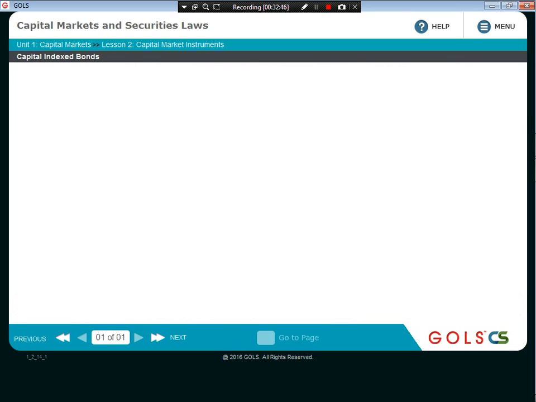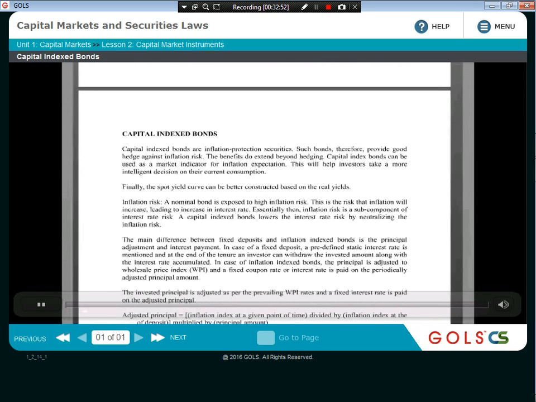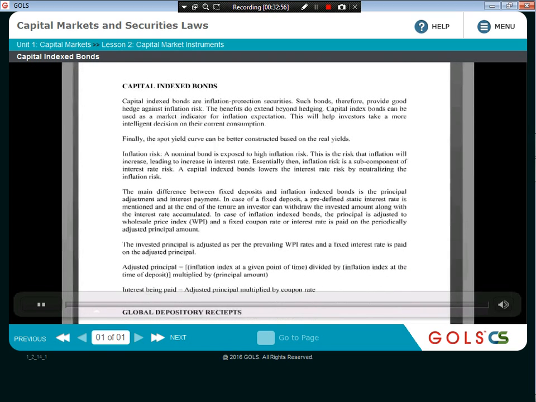Capital index bonds, again, this is asked a number of times. This is the bond which is basically issued to hedge against inflation. So what happens in a normal bond is, say it's a ₹1,000 debenture, and you get interest at the rate of say 3% or 4% or whatever that is.